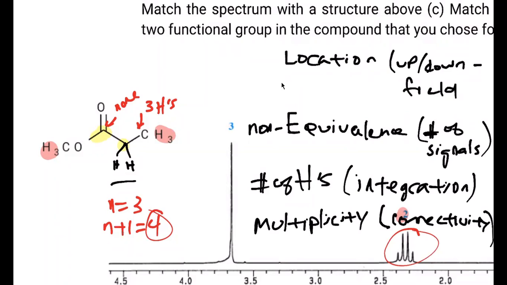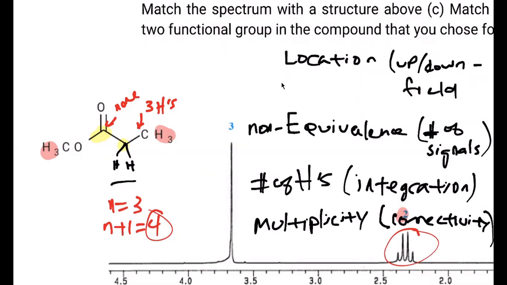What a carbon is connected to is going to determine how many lines a proton signal is going to be split into. So that's why that's a quartet, right? Because it's connected to a carbon with 3 hydrogens on it.